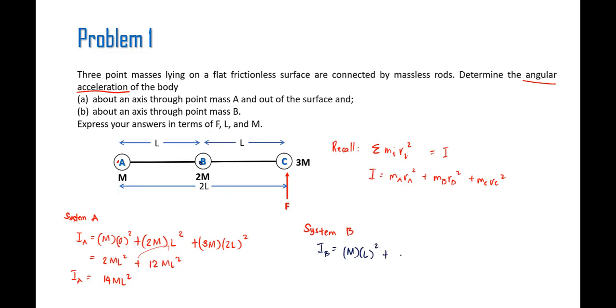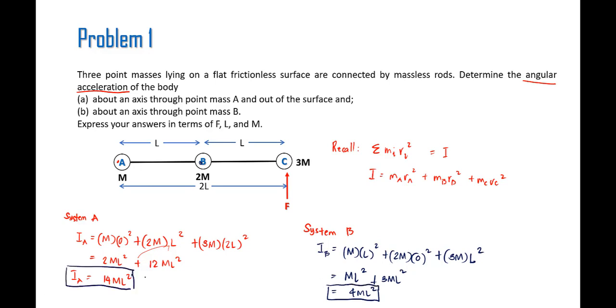Plus you have M sub B, 2M, and then your R sub B is 0 this time since the axis is through B. And then we have M sub C, 3M, multiplied by your R sub C, this distance, which is equivalent to L, squared. So simplifying this, we have ML squared plus 0 plus 3ML squared, so we have 4ML squared.